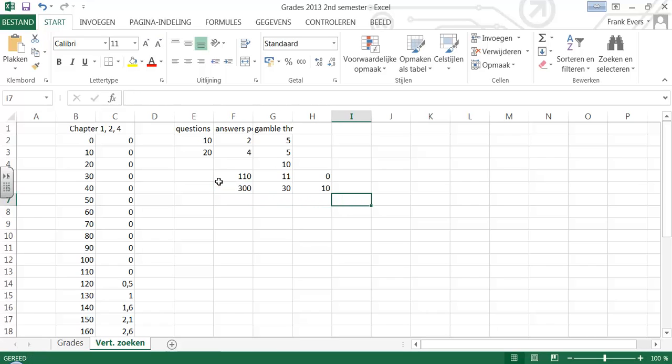That's the reasoning behind the gamble threshold.